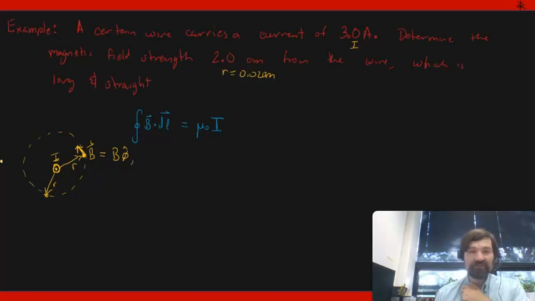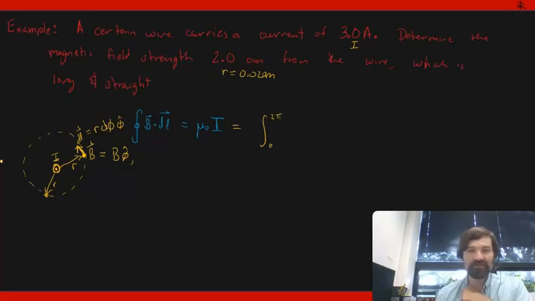And our dl for the loop is going to in turn just be r times d phi, again, times phi hat. So if we go around the whole loop, phi is running from 0 to 2 pi.